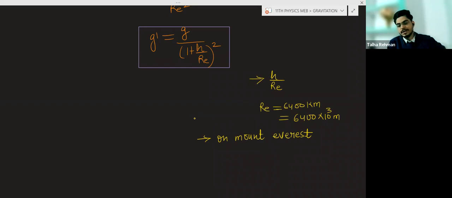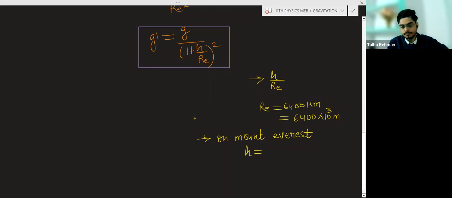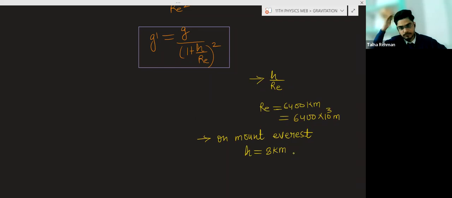So basically the height of Mount Everest is approximately 8 kilometer. 8 kilometer means 8,000 meter, so you can convert this into meter.